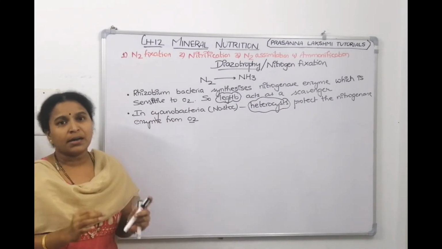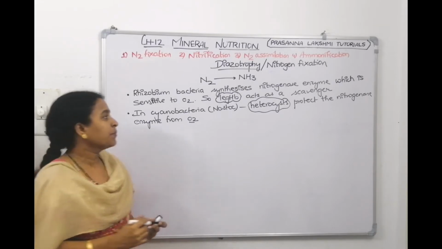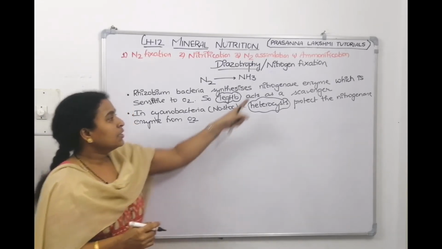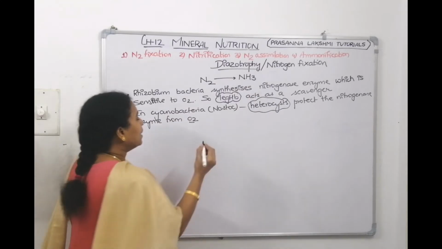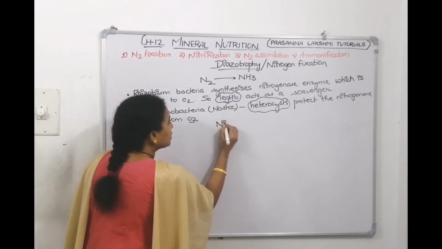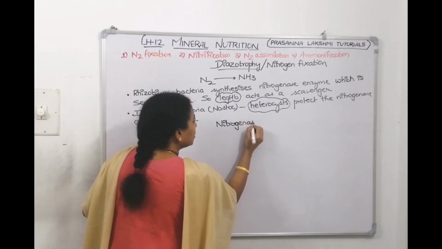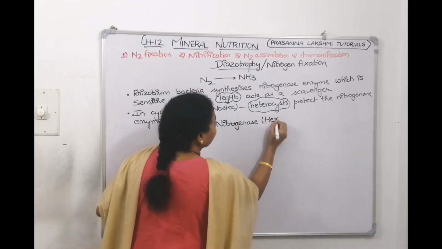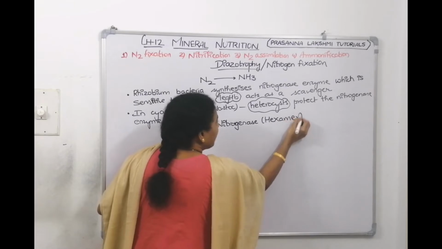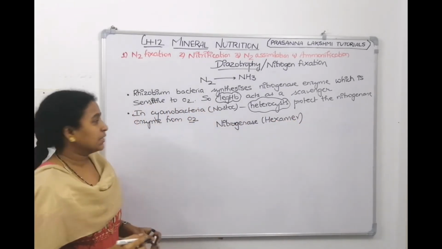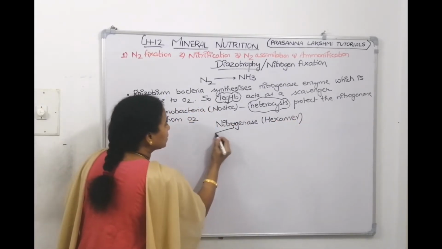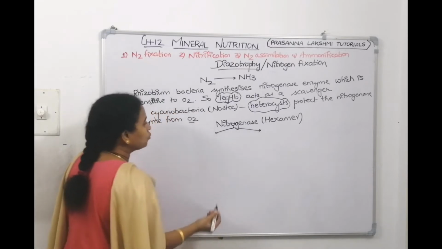Now let us purely talk about the enzyme in this class. What is the name of the enzyme, children? It is the nitrogenase enzyme. Let us clearly see what this nitrogenase is. Nitrogenase is a hexamer, meaning made up of 6 subunits, and it has 2 components.